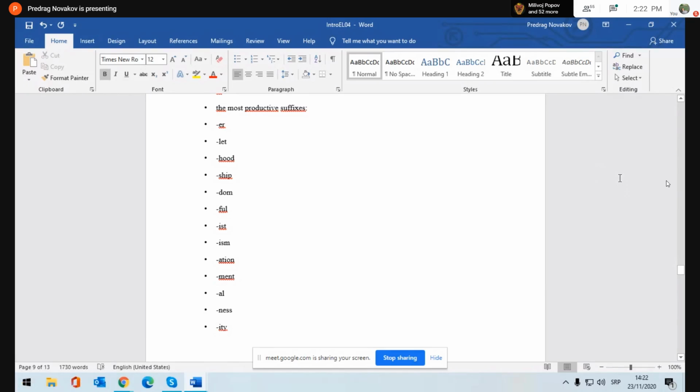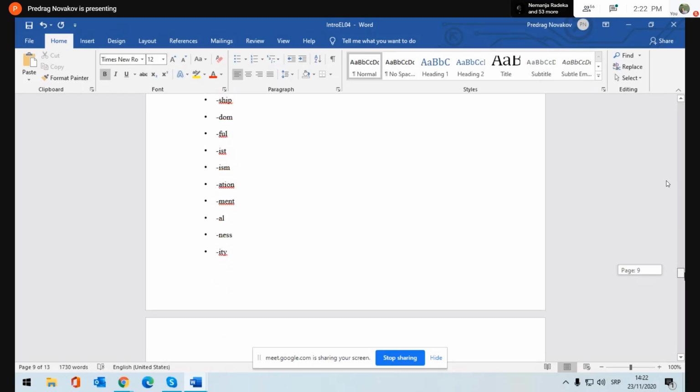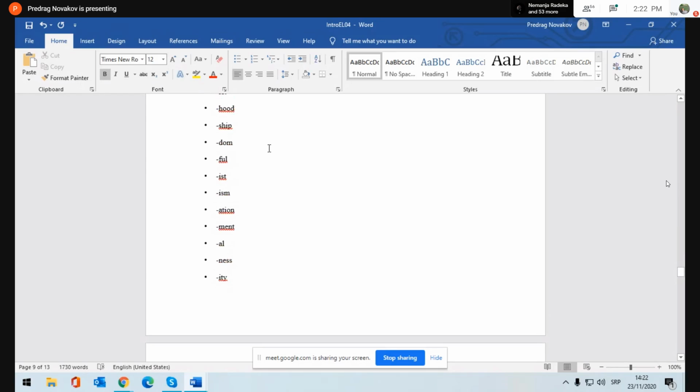Okay? Let, usually for something smaller. Okay? Do you have an example with let? Okay, how about piglet? Piglet, for example, okay? And this let is obviously not the same as the verb let. It is just a suffix, okay? Hood. I think it's very easy to find examples like what?